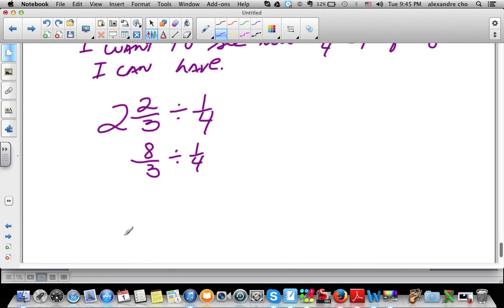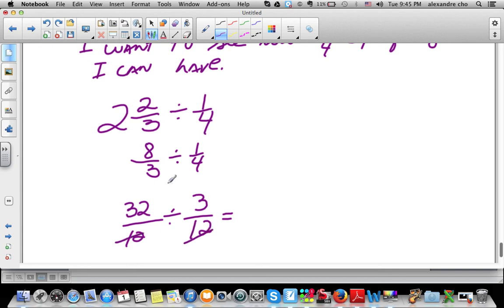Alright, so the LCM is 12. Times 4, so this is 32, times 3 here would be 3. So the denominators are the same, so you can cross them out.